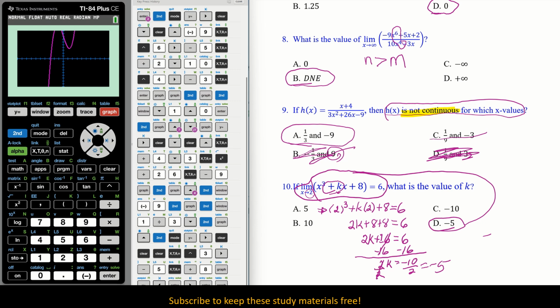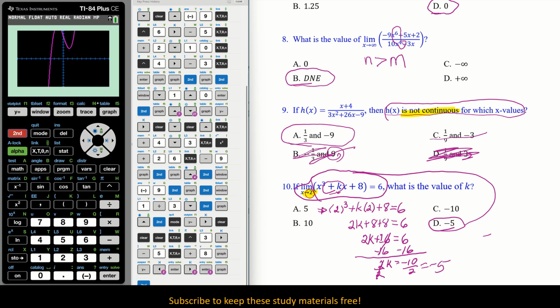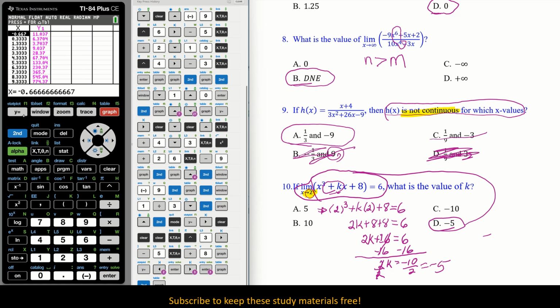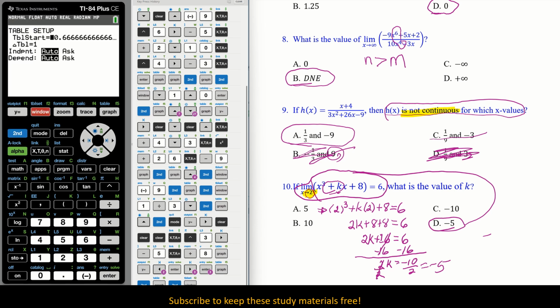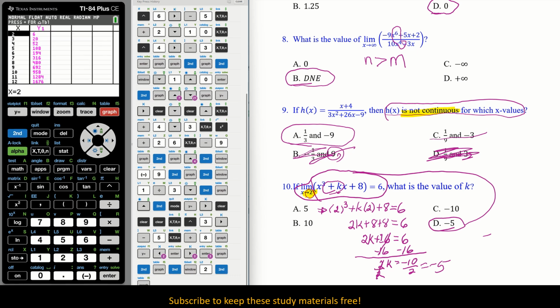So now if we go to 2, as x approaches 2, saying -5. Let's go to our graph. Let's push 2 and 1. Now we should be somewhere. And it does equal 6. When x is 2, it does equal 6.